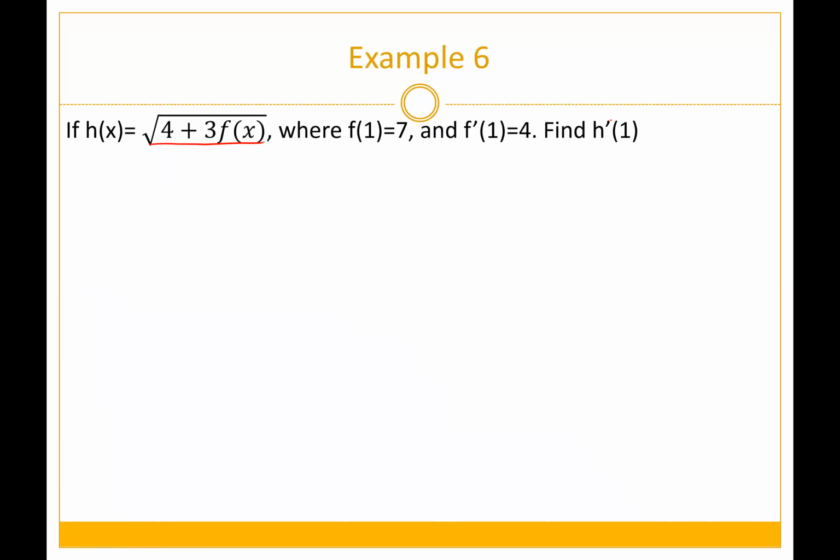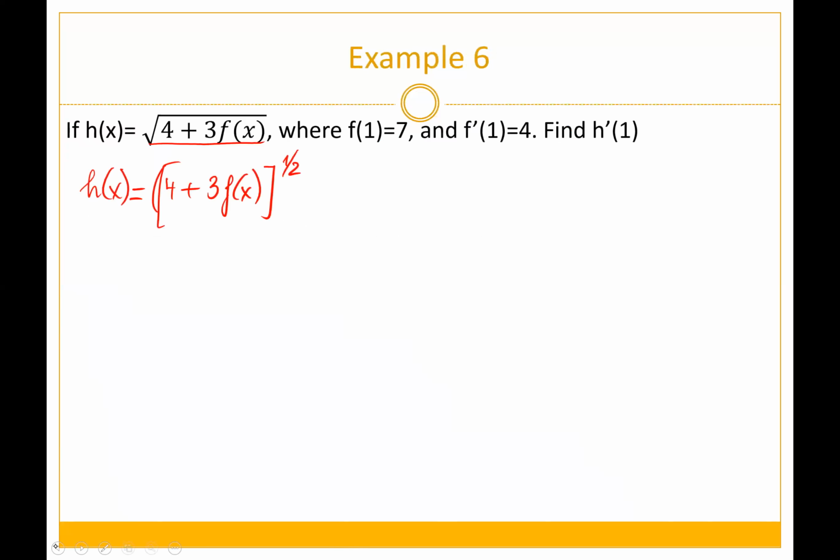So this is a very intensive use of the derivative of the chain rule. So I would say here, again, this is a power rule combined with chain rule. So you have, I will rewrite this expression as 4 plus 3 f of x to the half because it's square root.